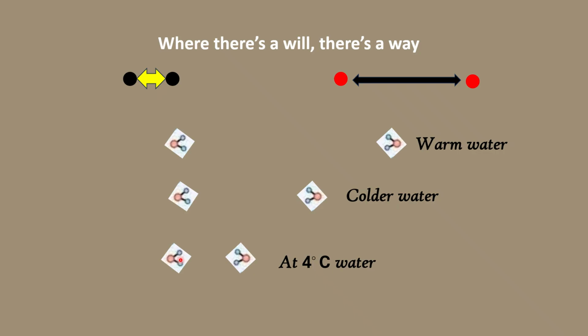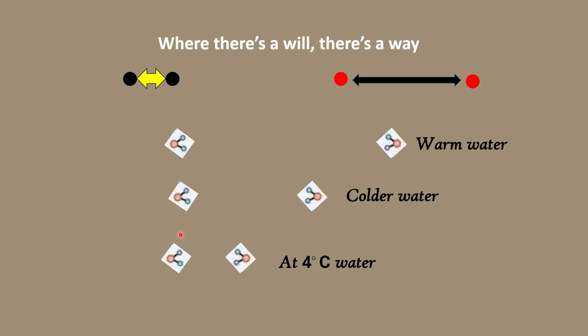Why? Because the negative pole of this molecule and the negative pole of this molecule will repel each other. You can see the big circle, that is oxygen, and the two smaller circles, that is hydrogen. So this oxygen has a negative charge, and here also oxygen with negative charge. Negative will repel.